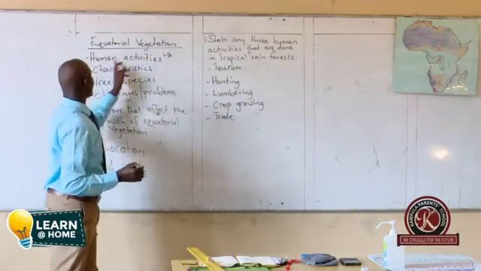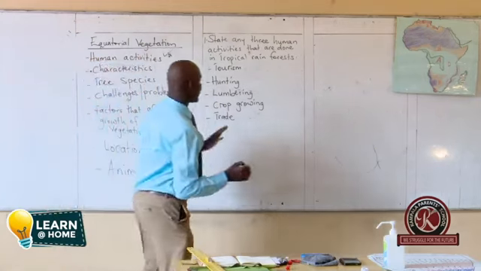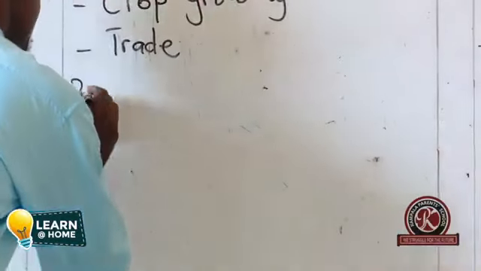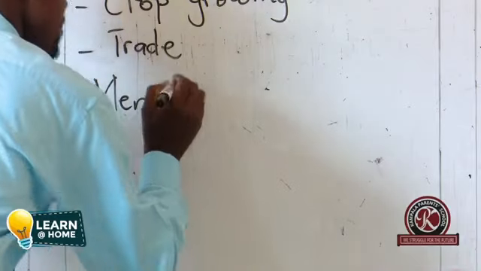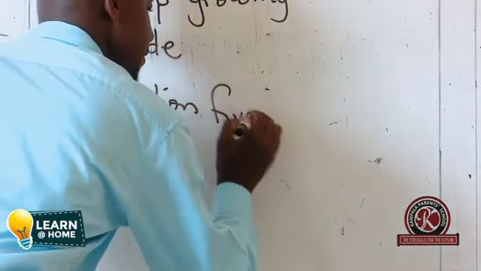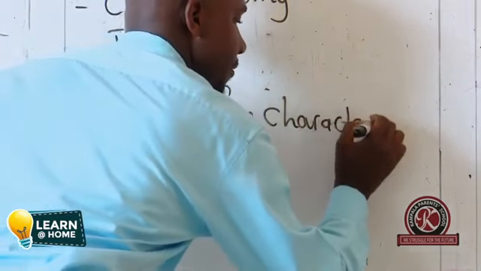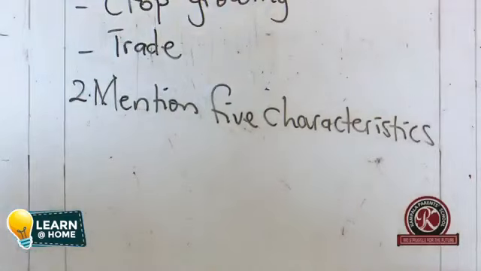I've looked at human activities, so we can come to the characteristics of the tropical rainforest. So question 2, mention 5 characteristics.